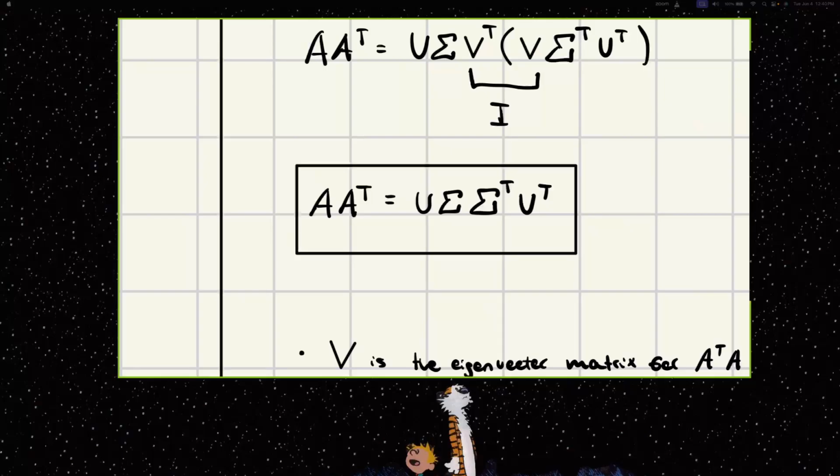But either way, you'll get the same thing. In that case, you'll find the orthogonal matrix U, and then you can use a similar equation to construct the orthogonal matrix V. Either way, your singular values will be the same. You should get the same eigenvalues for A transpose A and A A transpose.